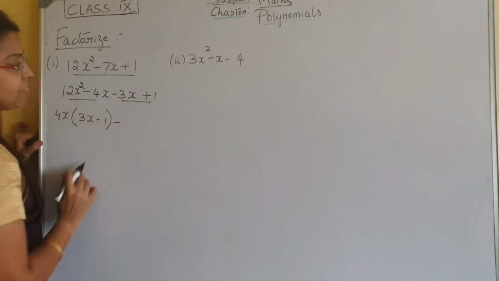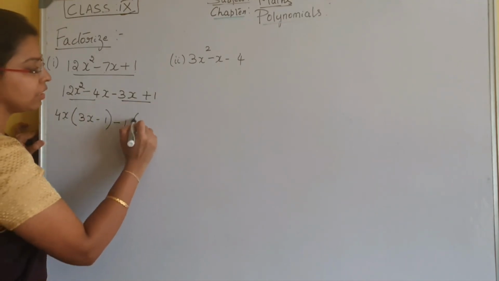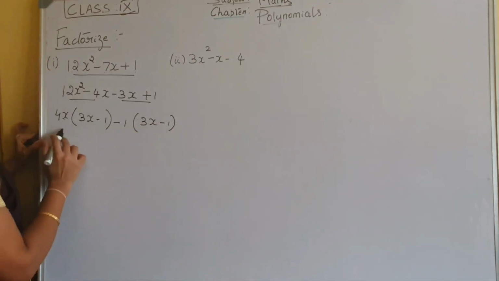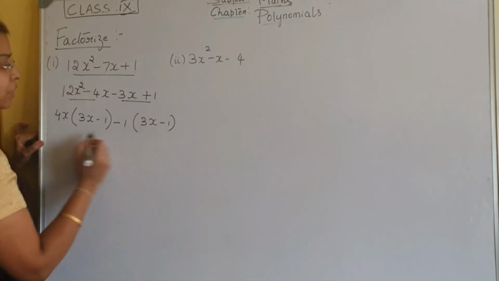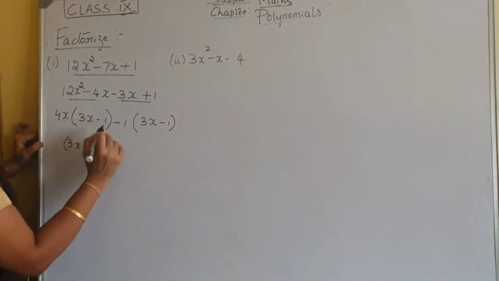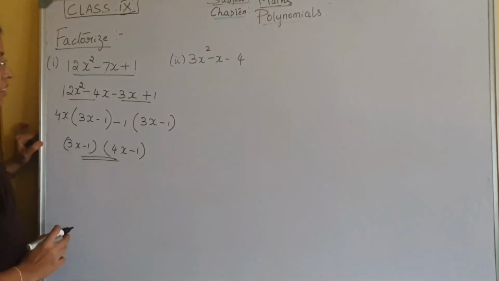Then here we will again take 1 as common as nothing is common here, and it leaves you 3x minus 1. So now again in this expression 3x minus 1 is common and we are left with 4x minus 1. Okay, so these are the factors.